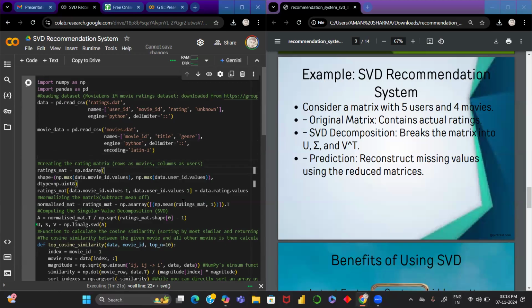Then we are making a matrix of ratings, because the initial data set contains many unwanted things, so we are cleaning the data for our use. Then we are normalizing the data, and then we are calculating the SVD using the np.linalg.svd command.